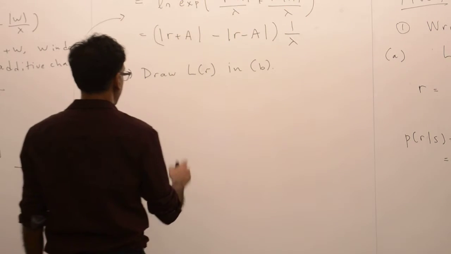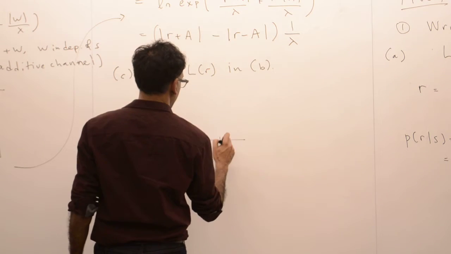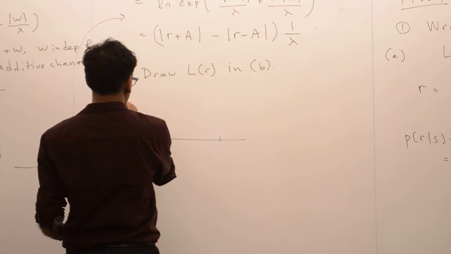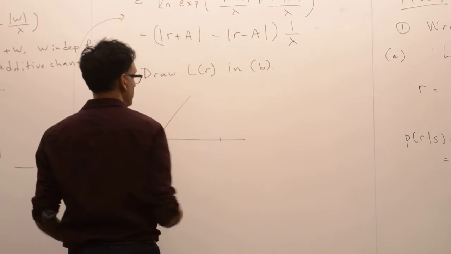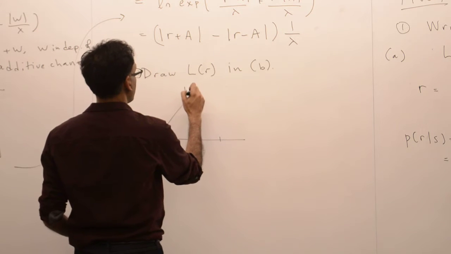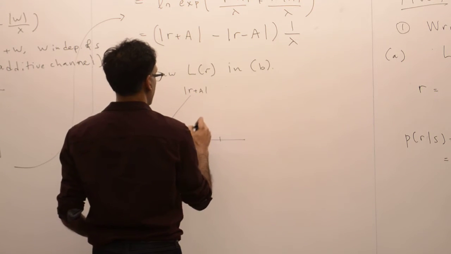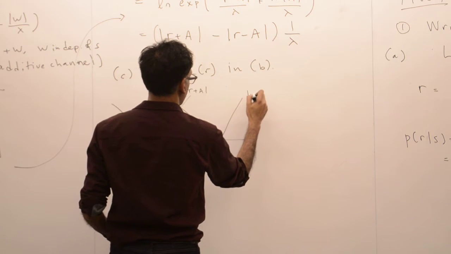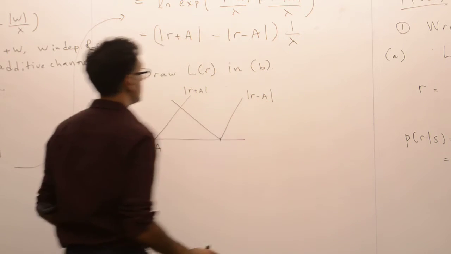That's 0 when R is equal to minus A, and then it looks like a V, like this. This is the absolute value of R plus A. And then if you look at R minus A, it looks like this.